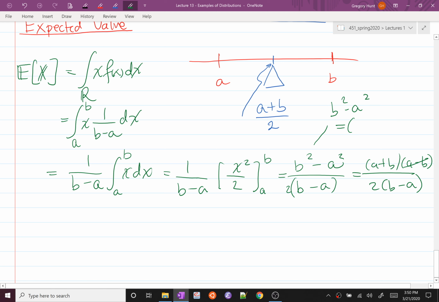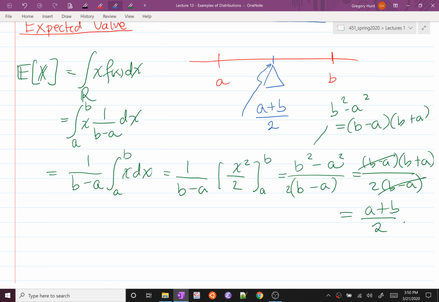It's b minus a times b plus a. A plus b is the same thing. So this should really be b minus a times b plus a over 2 times b minus a. Now I get the cancellation I want, and I'm just left with a plus b over 2. That's the expected value, which is basically what we would have expected it to be. So that's nice.